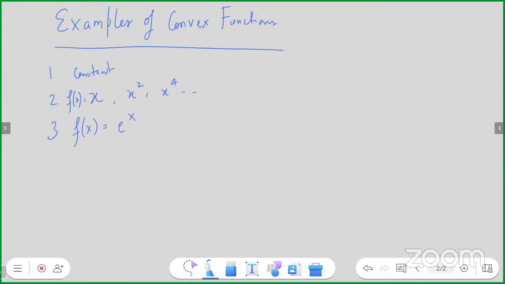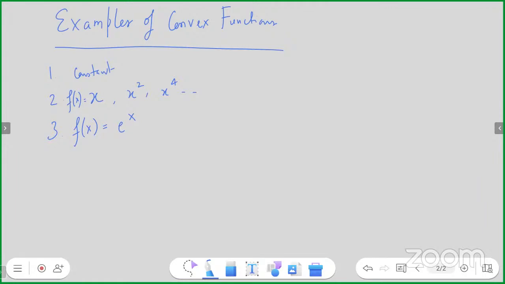Something non-trivial, like it's not obvious that it is convex, or you don't know just by memory that it is convex, but you think it is convex. K by x, where k is a constant. Sorry, k divided by x.